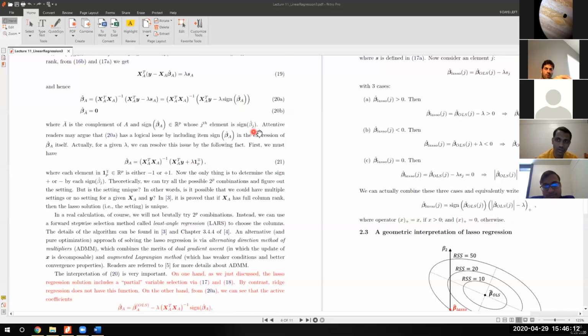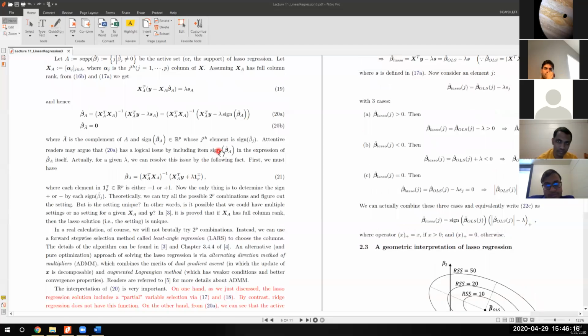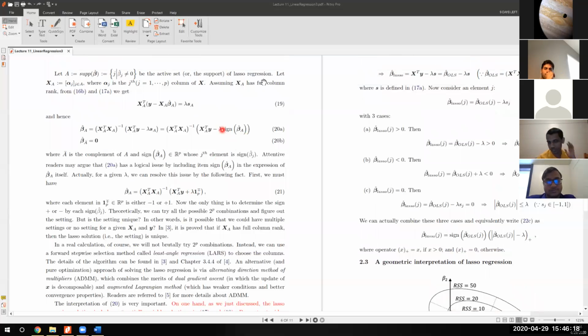Okay, and why do we have variable selection here? For the shrinkage, you've already seen. This is the shrinkage part. Why do we have the subset selection? Algebraically, here we go. Because you need to choose the support vector, the active set.